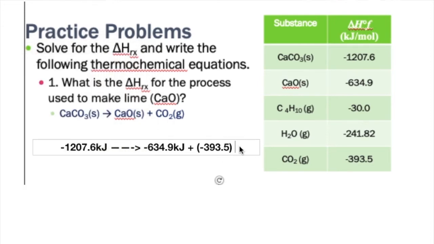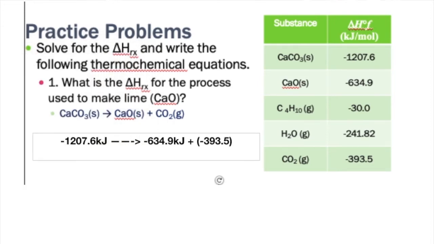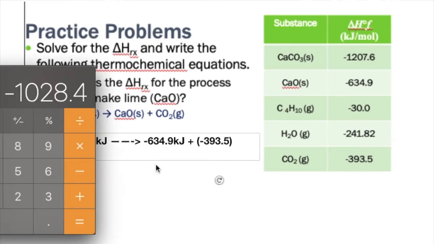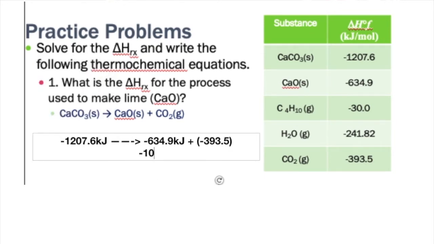And once I get that number, I'm going to subtract the number from the reactant, which is calcium carbonate. I'm going to subtract negative 1,207.6, and that is going to be my change in enthalpy.